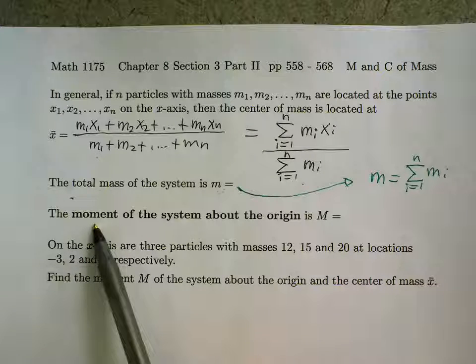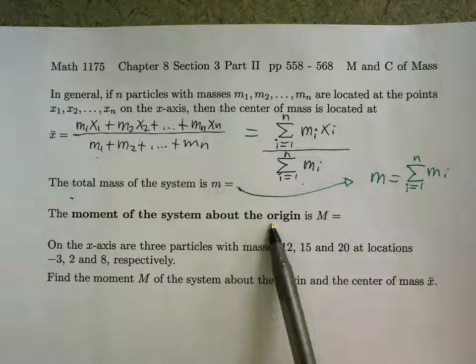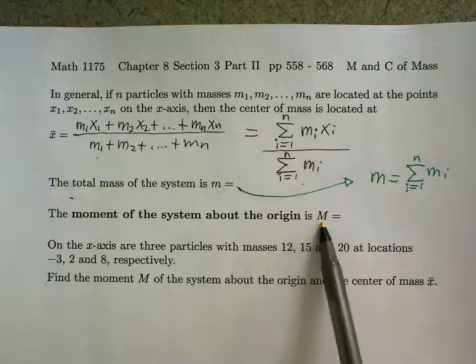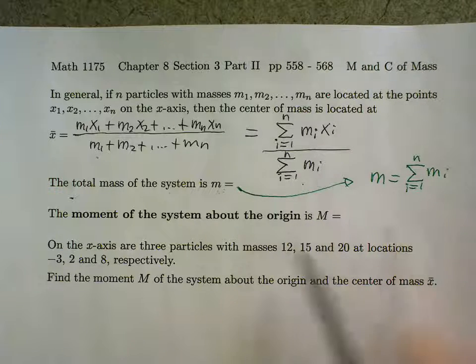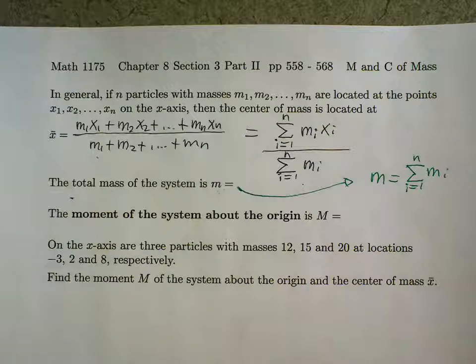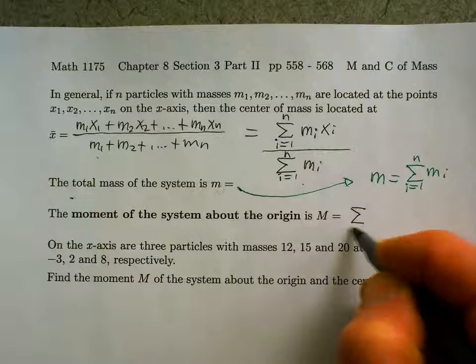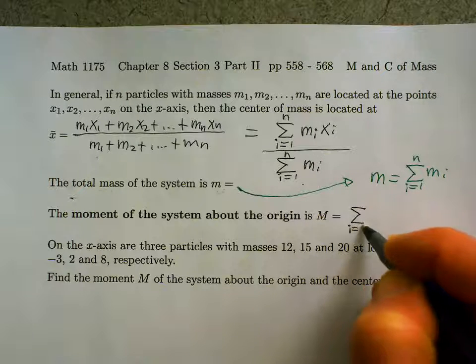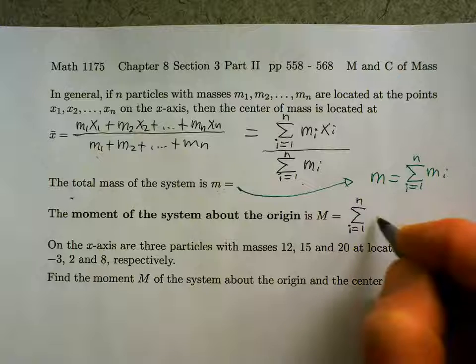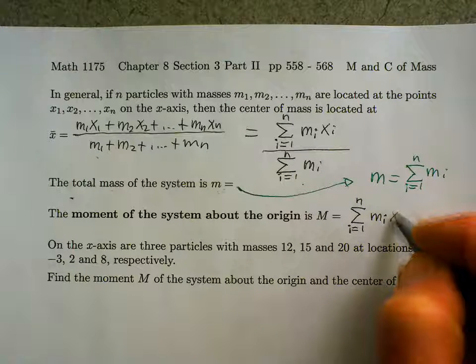And another term, the moment of the system about the origin, is capital M. That's equal to the sum of the individual moments. So in sigma notation, this is from i equals 1 to n, and the terms m sub i times x sub i.